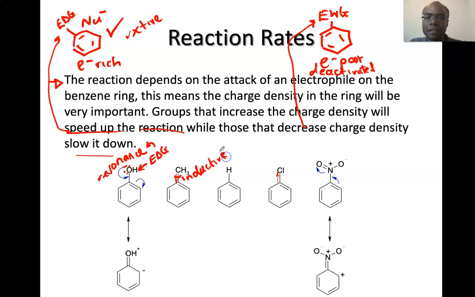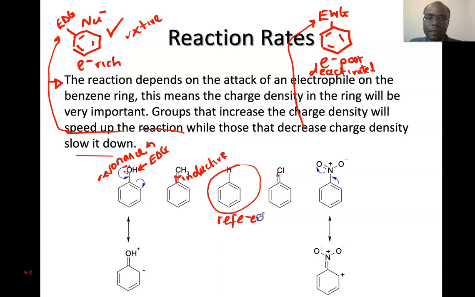But that's not as effective. That's not as activating as the one that donates by resonance. Any element that has a lone pair on it directly bonded to the ring will activate the ring by resonance. R groups will activate the ring by inductive effect. Always resonance trumps over inductive effect. Hydrogen sitting on the ring in a substituted benzene ring is just a reference.